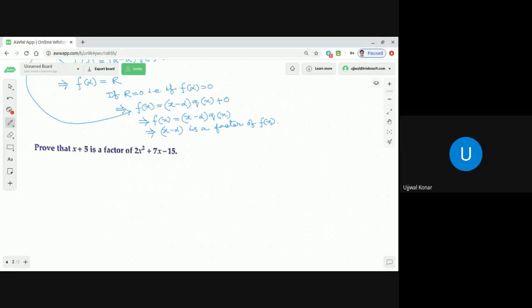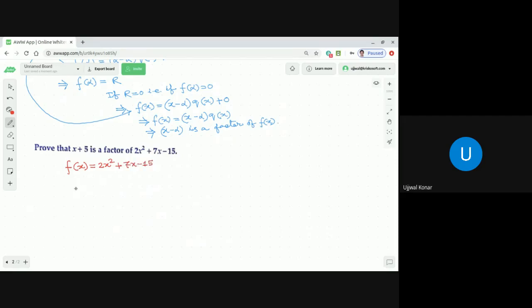So what is the question here? Prove that x plus 5 is a factor of 2x square plus 7x minus 15. Correct, no? So how to approach? What is f(x) here? f(x) is equal to 2x square plus 7x minus 15.